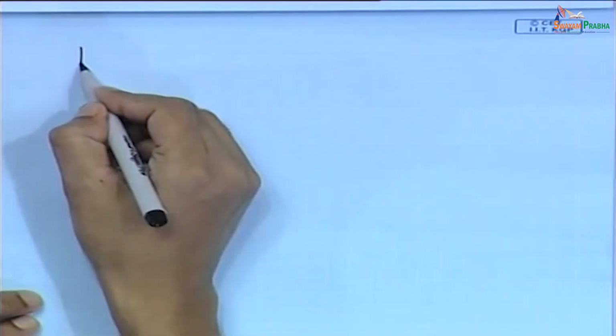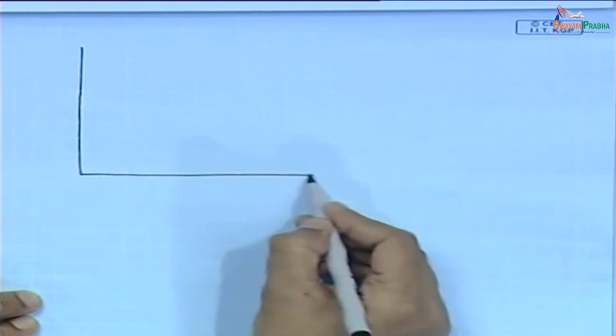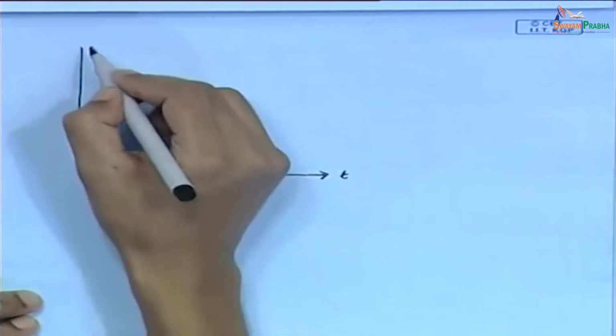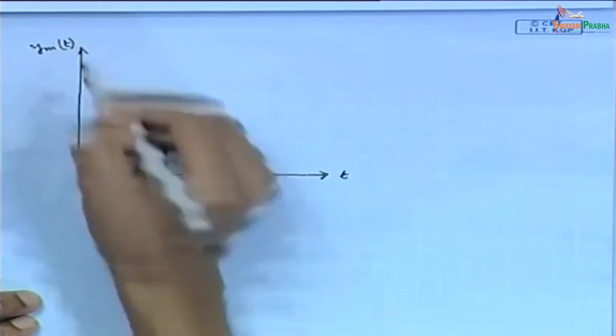I think at this stage it is good to draw the response. This is time and this is Ym(t).